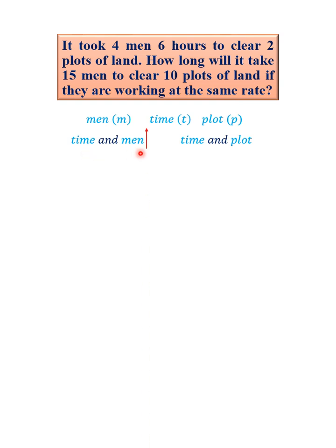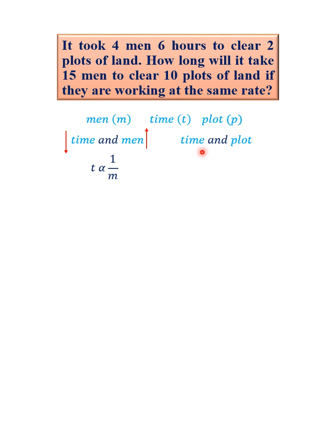In other words, as the number of men clearing the land is increasing, the time taken to clear the land will be reducing. This means inverse variation. One is increasing, the other is decreasing. In mathematics, we can say that the time is inversely proportional to the number of men.